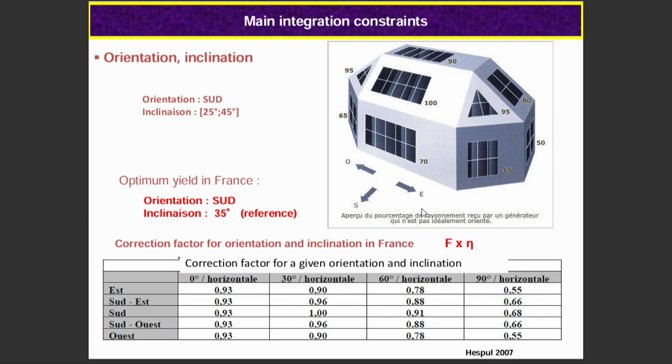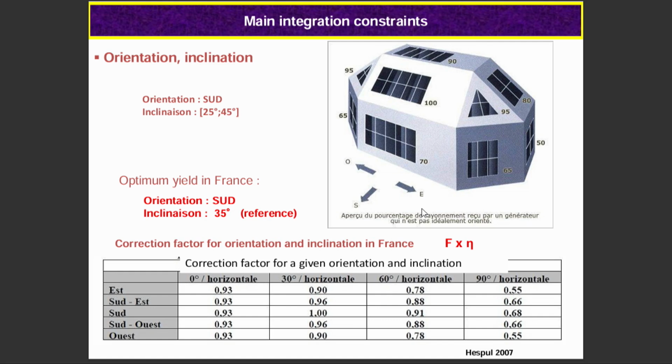Okay, so it gives an interesting idea of what we can expect with different orientations, compared to the best optimized full production in your place. I like this kind of diagram that gives a quick idea regarding the place where you are, to try to find the best integration, but then after to see the impact if you change this orientation.